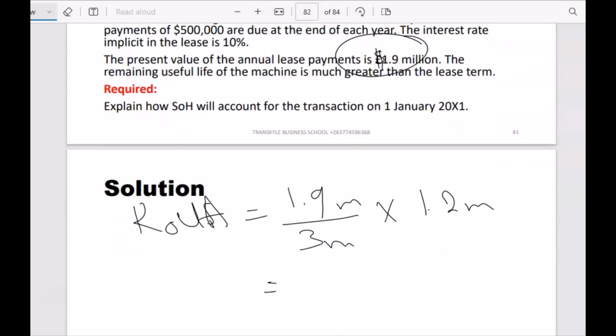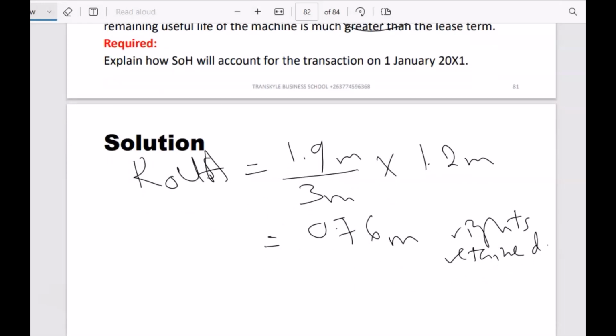So in this case, we are going to have 0.76 million as the rights retained. And that's our right-of-use asset.